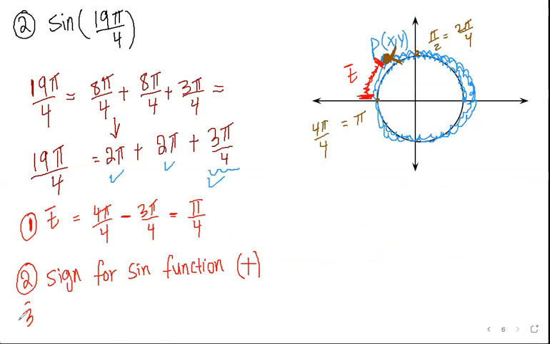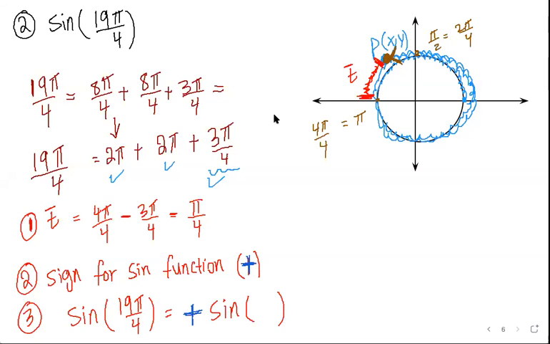Now the third step, I have to set sine of 19 pi over 4 equal to positive sine of the reference number. What's the reference number? It is pi over 4.